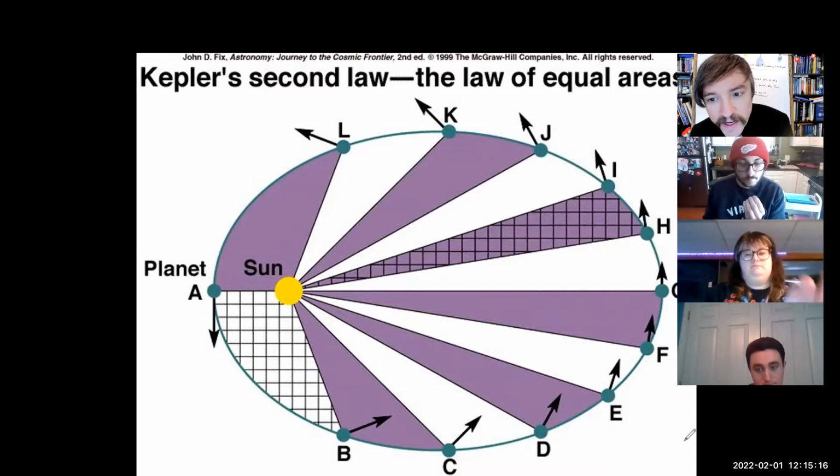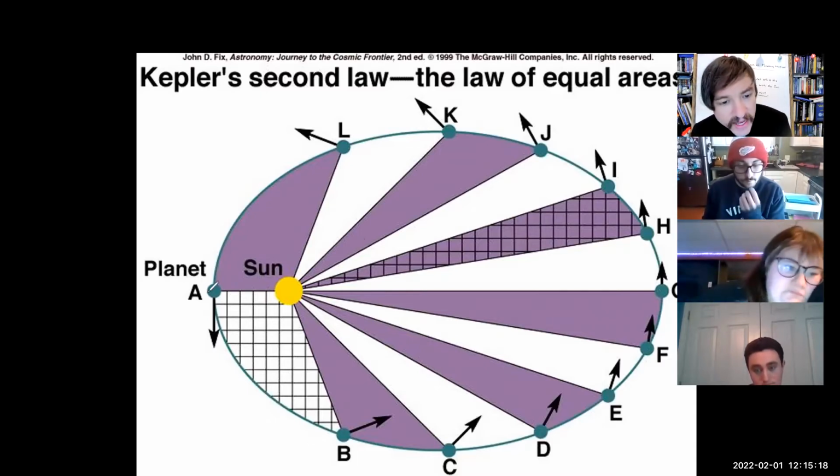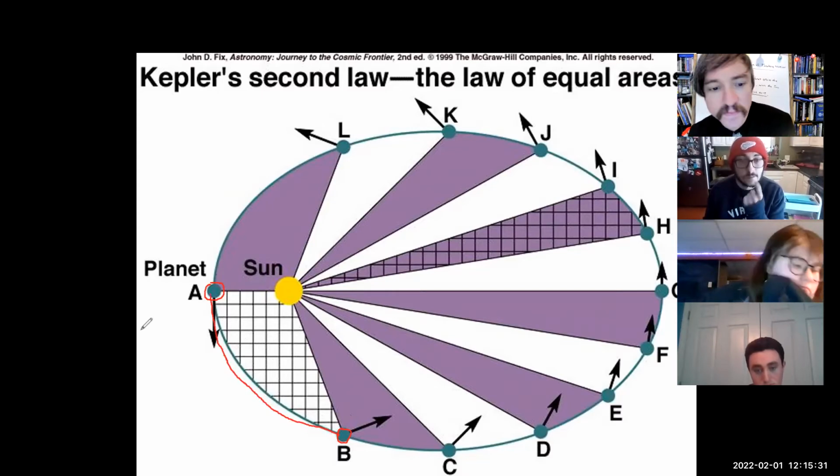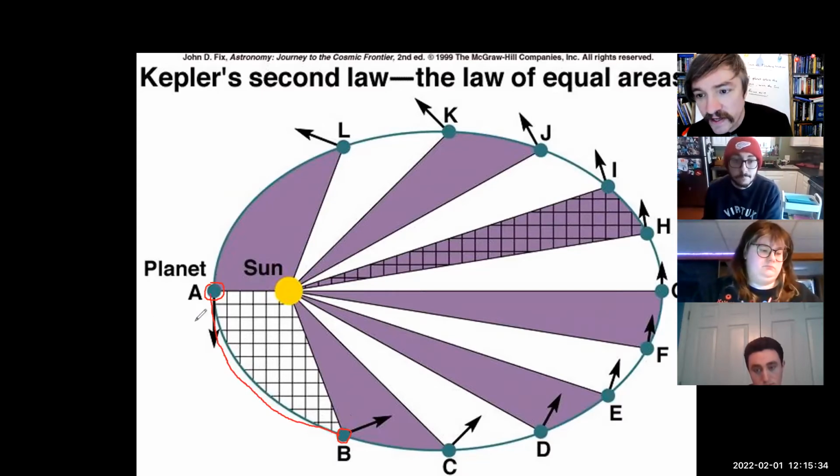Let's consider the orbit of a planet like Mars. In a roughly two-month period, the planet might go from point A to point B. If you look at this length of the ellipse, that's a pretty good fraction of the overall oval. Maybe not quite a quarter of the distance around the ellipse, but getting close to it, maybe an eighth or something.